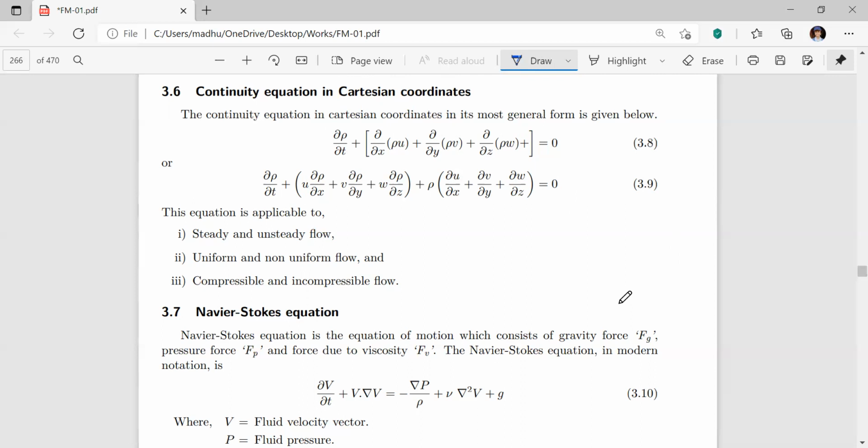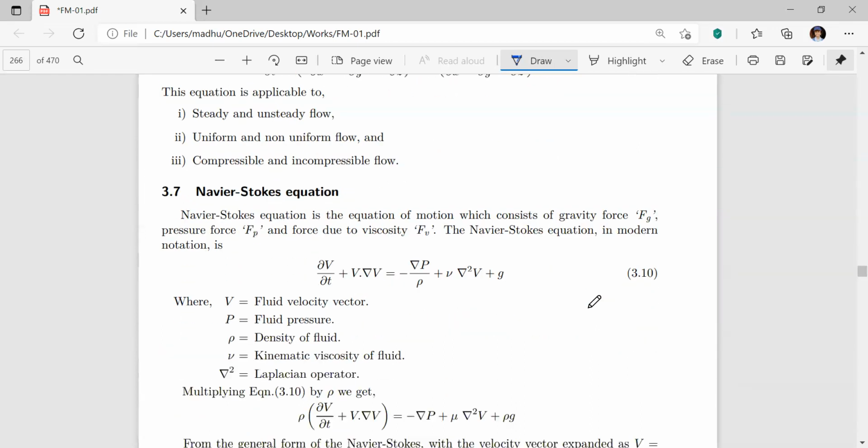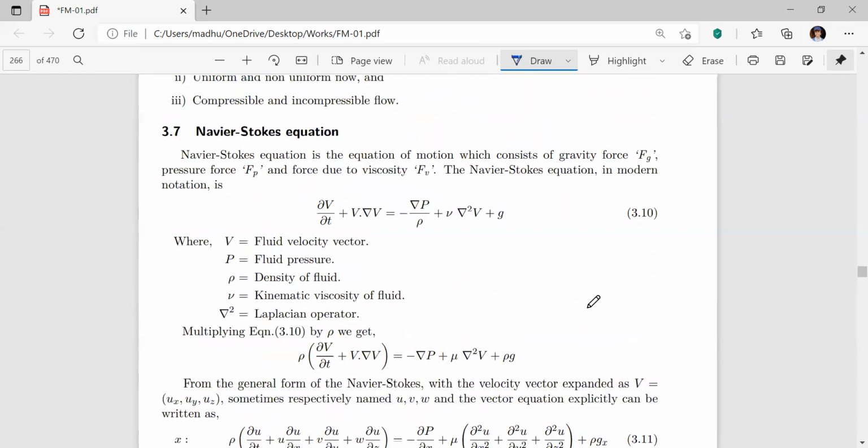This equation is applicable to steady and unsteady flow, uniform and non-uniform flow, compressible and incompressible flow. The next one is the Navier-Stokes equation. This is only for the purpose of illustration. There is no derivation. The Navier-Stokes equation is as follows.